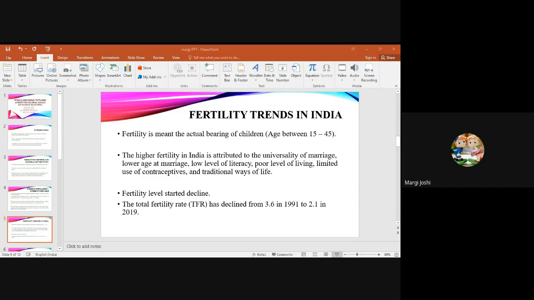There is a lack of information regarding contraceptives, fear about the side effects, opposition from husbands and relatives, preference for a male child, and religious belief. These are all challenging factors we need to focus on so that we can control our population.